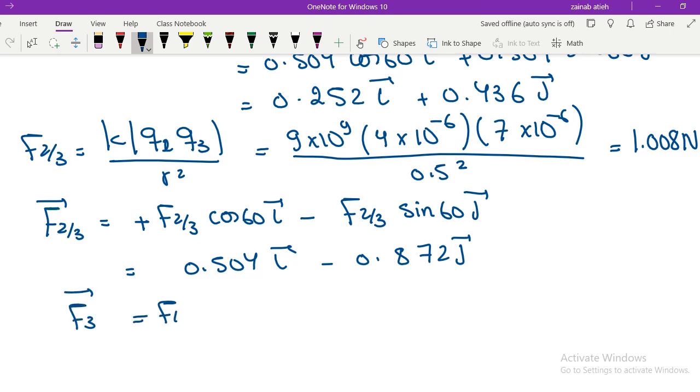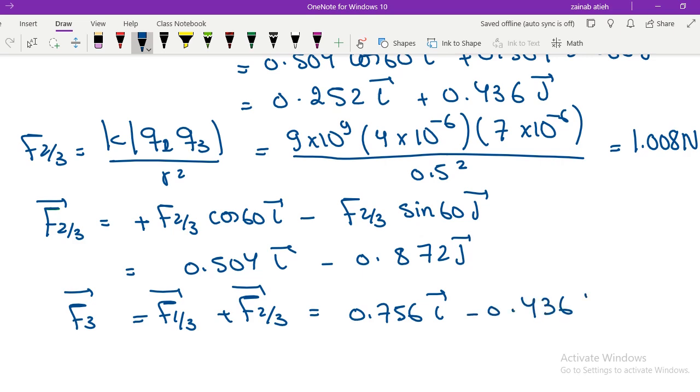So let's find F3, which is adding both of them. It is F1 on 3 plus F2 on 3, equal to 0.756 i, which I already calculated, minus 0.436 j. I add i with i and j with j. Now, if the question asks for the magnitude of the force, I find the total force.